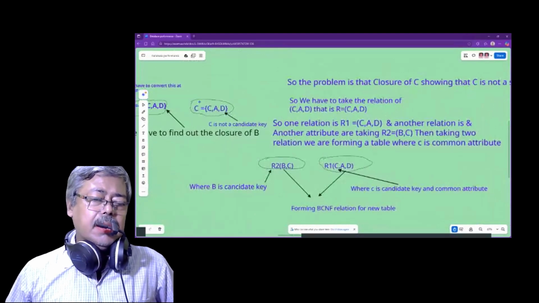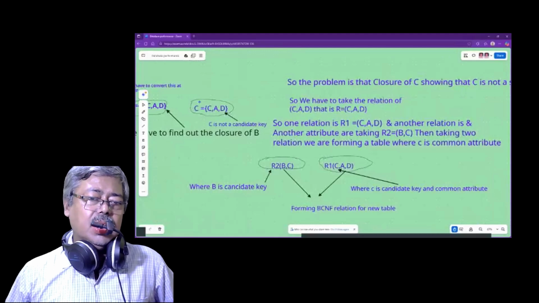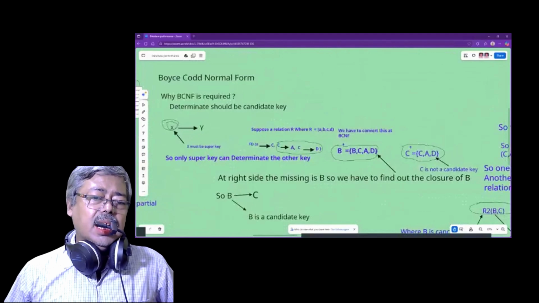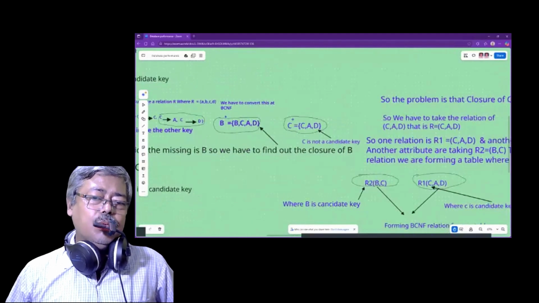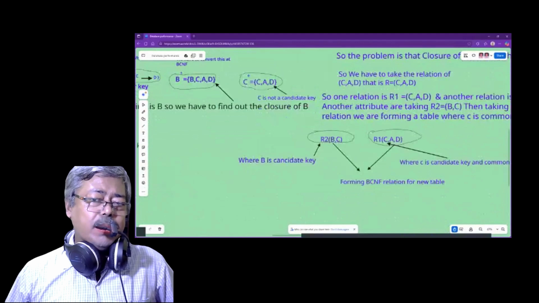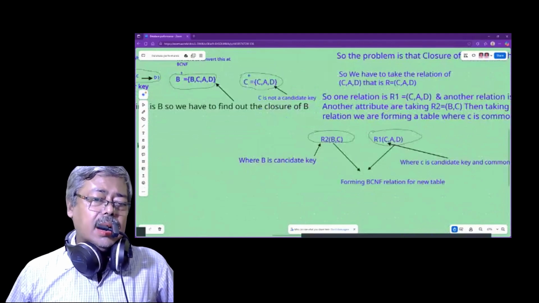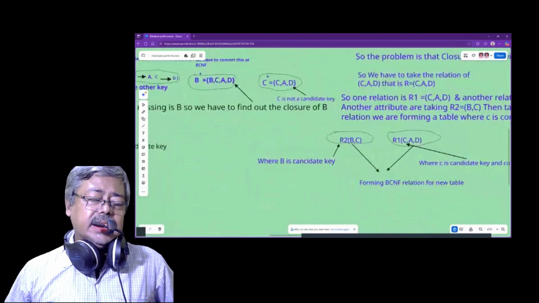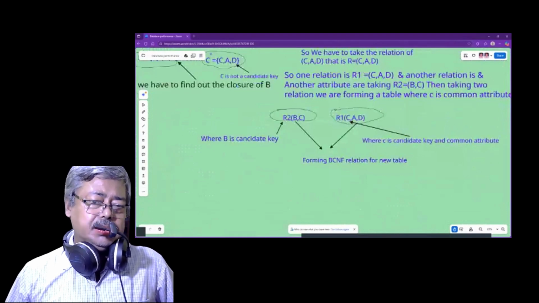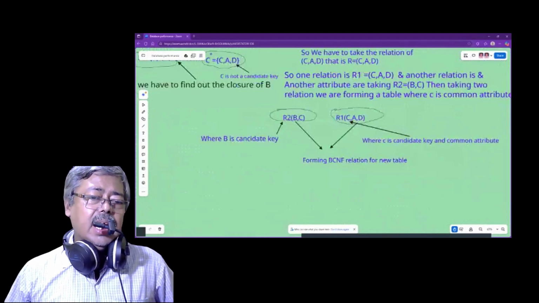So two relations are formed. The total relation was R, ABCD, and now the relation is organized: R1 with C, A, D, which is faulty because there is no super key, and another relation R2 with B, C, which is the rest of the relation. Why am I taking R2 with B, C? Because C is a common attribute for joining the tables, and B is a super key.